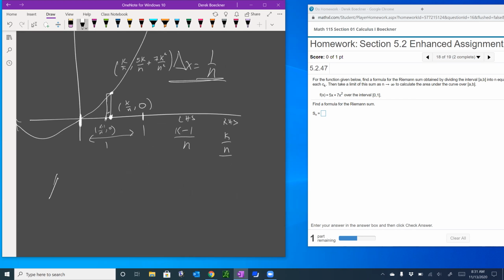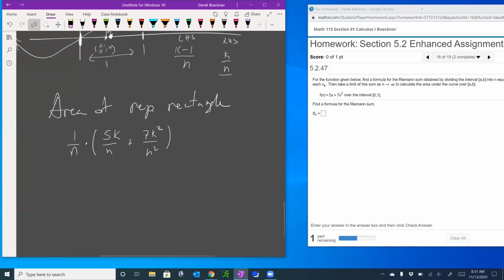Okay, so the area is, well, it's the height times the width. So 1 over n is the width, and the height is 5k over n plus 7k squared over n squared.